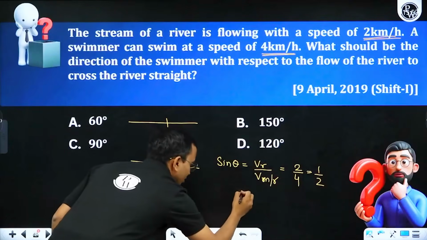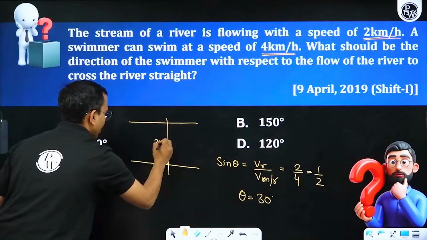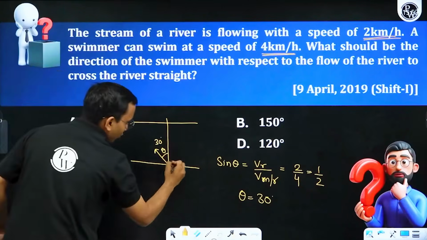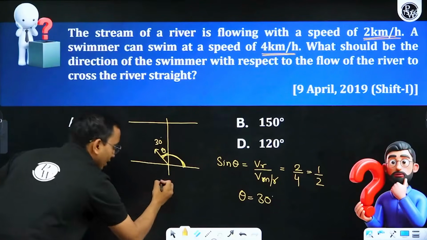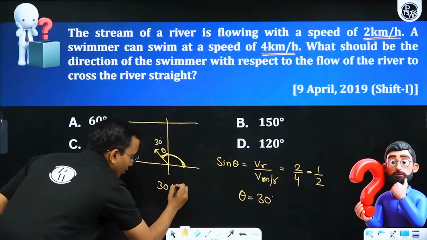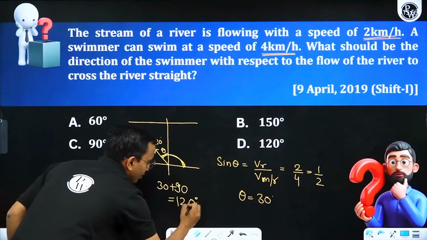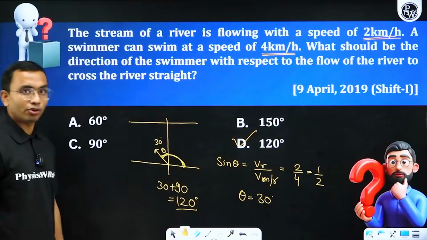Sin theta 1 by 2 means theta is 30. He is asking the angle with respect to flow of the river. Flow is towards the right, so the total angle is 30 plus 90, which becomes 120 degrees. That is option D. Zero drift condition.